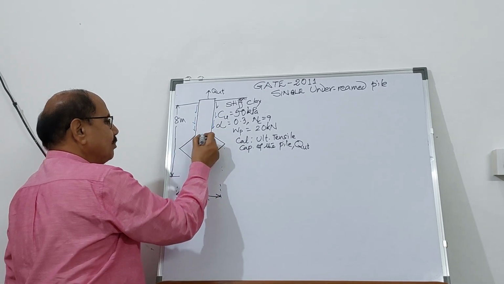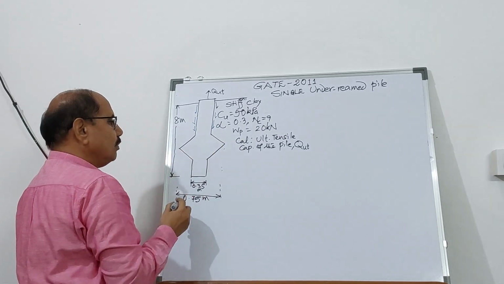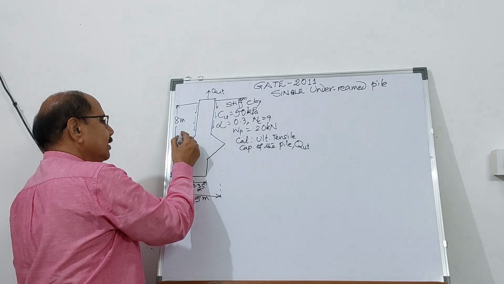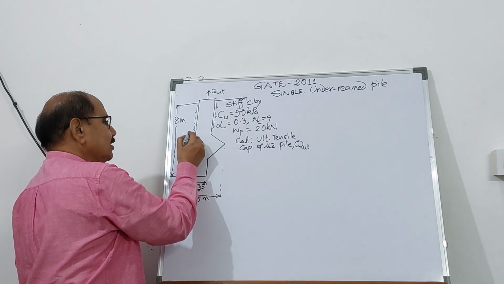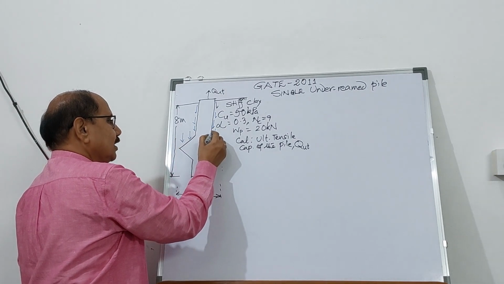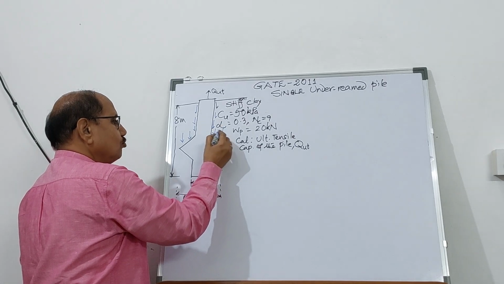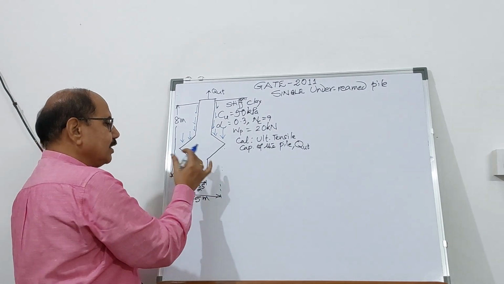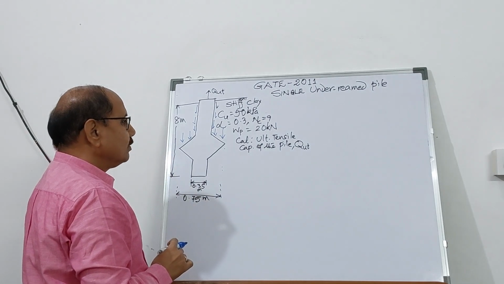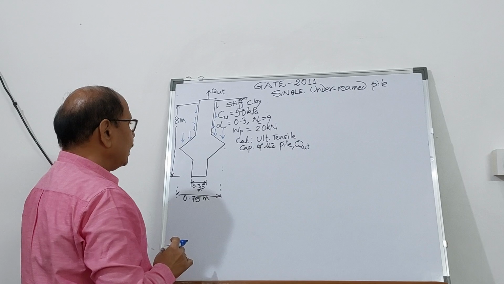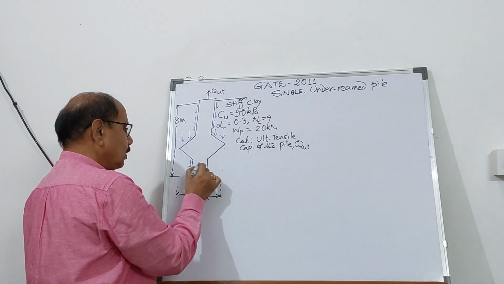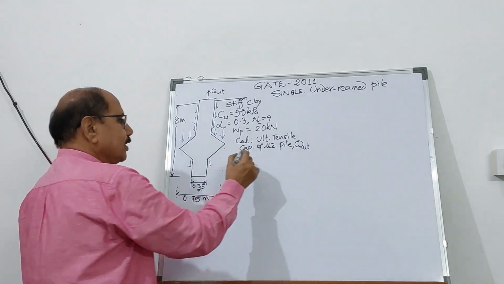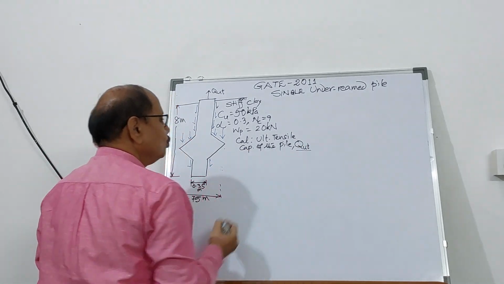And there is a bulb, a single underreamed bulb. So when you pull it, there is going to be soil resistance here. It will be offered in the downward direction over the bulb, or over the underream of the given pile, and you need to calculate the value of QUT.